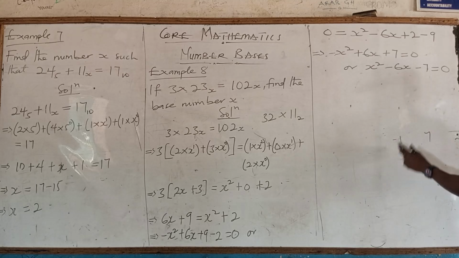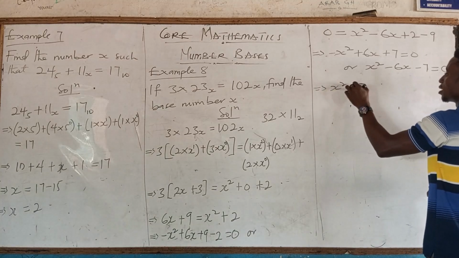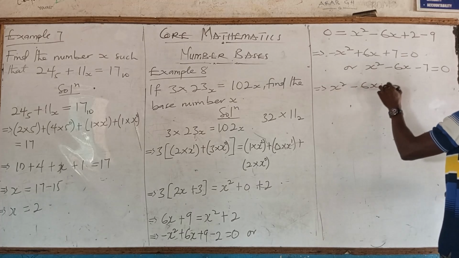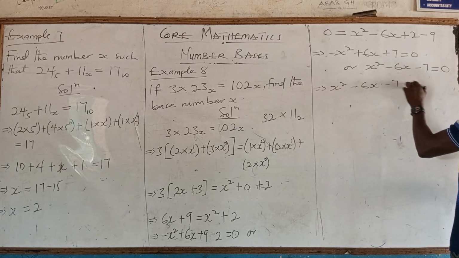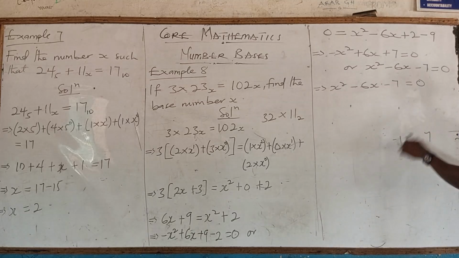So changing their signs because the coefficient is 1. I want to put x squared minus 6x minus 7 is equal to 0. I want to use that one. So this one, changing the sign will be +1 and -7. And the two numbers are that.